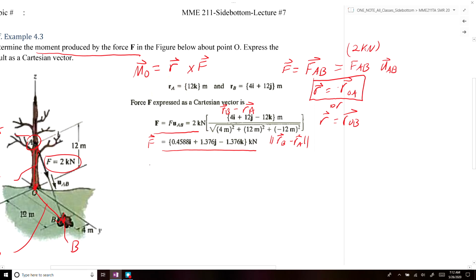Then ROA would be equal to RA minus RO. RO is the position vector to the origin, which is equal to 0. So it just ends up being equal to RA, which is just 12 times the unit vector k.